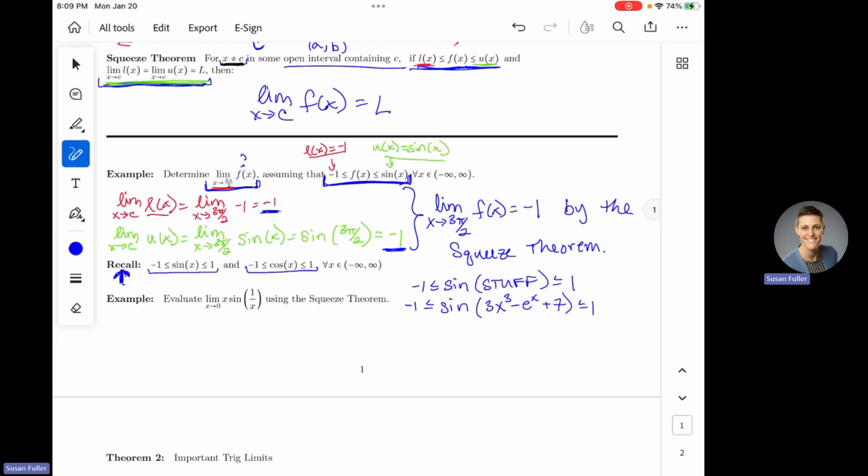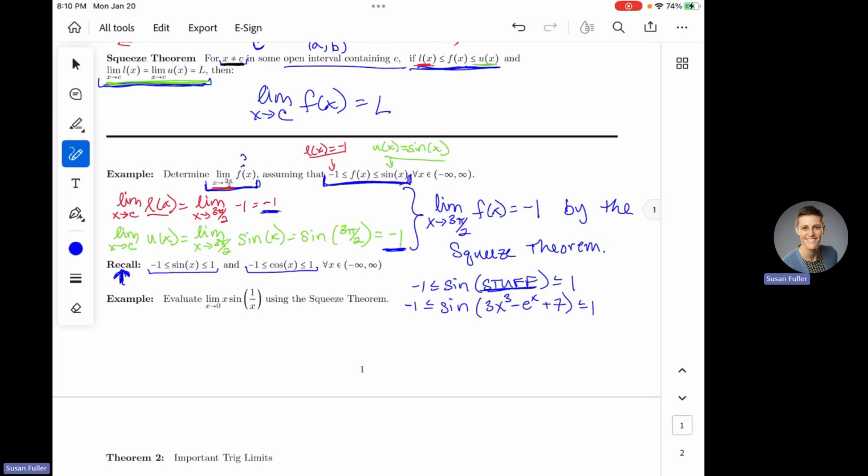Now, if I add anything to the outside of this, like the sine of x plus 1, or if I had the sine squared of some stuff, or if I had x times the sine of some stuff, I would no longer be stuck between -1 and 1. You can put anything you want inside a sine function, but if you do things to the outside, to the whole function, then these inequalities fail to hold.